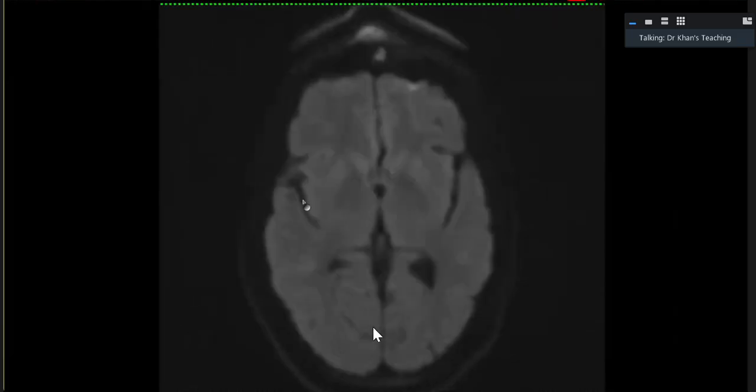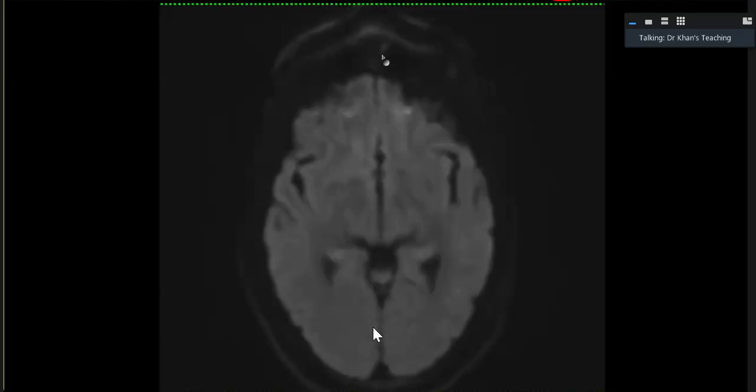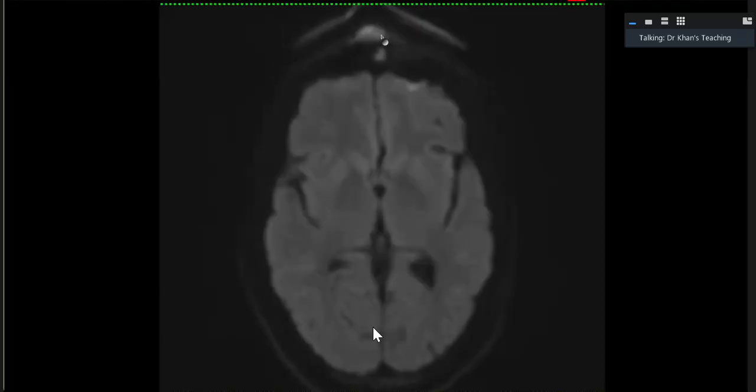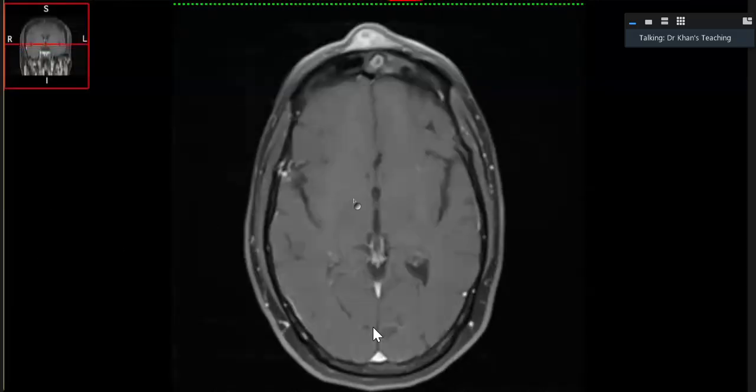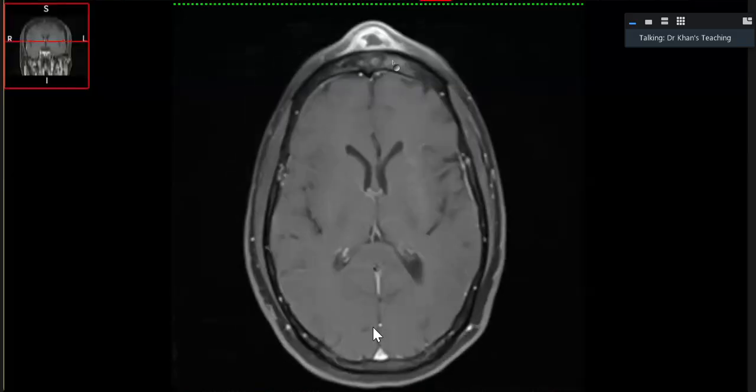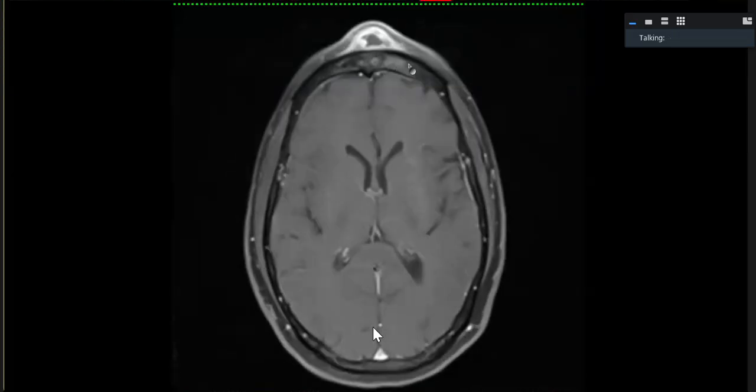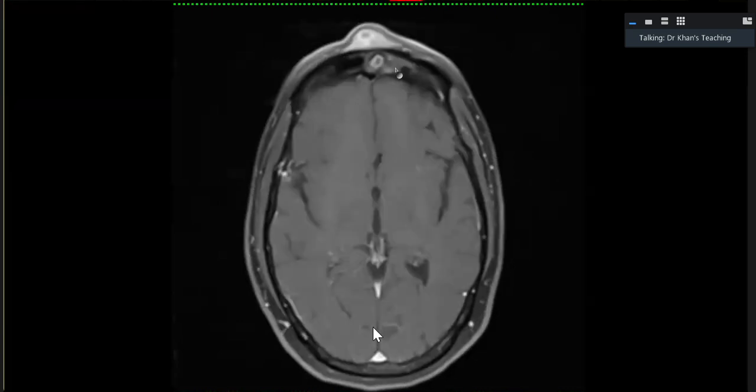On this diffusion, we can see that there is a bit of restriction here, and there is that frontal collection, localized, and this is the soft tissue. And on post contrast, we can see that everything is enhancing, and then this thing also shows enhancement.